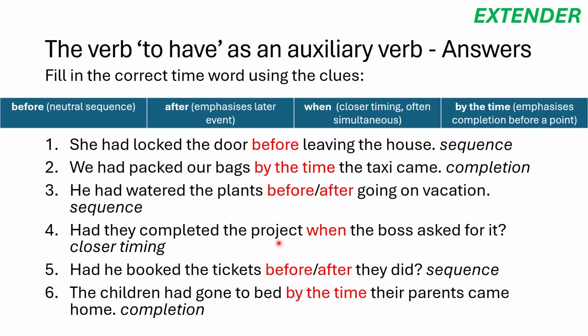Had they completed the project when the boss asked for it? 5. Had he booked the tickets before they did? Or had he booked the tickets after they did? Before and after are both acceptable in this sentence. 6. The children had gone to bed by the time their parents came home.